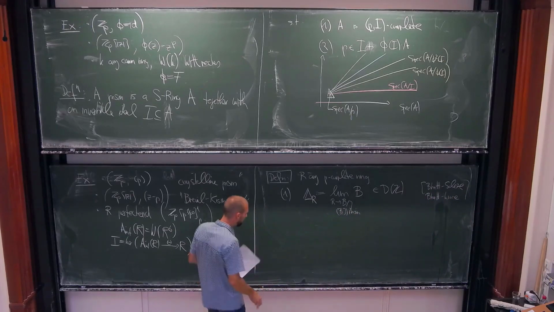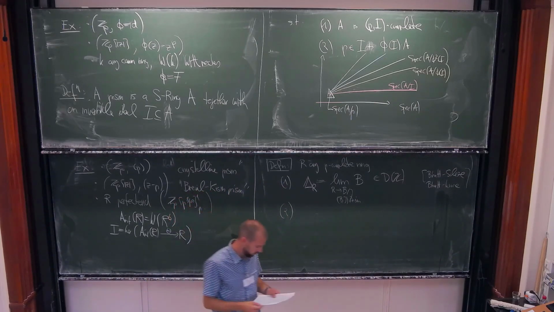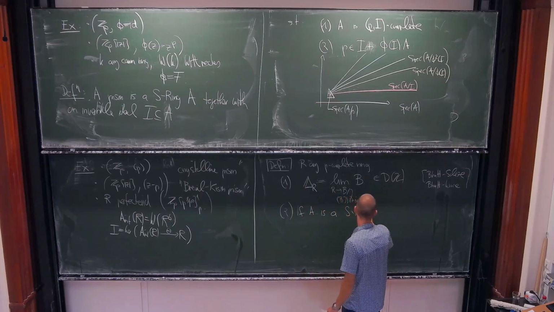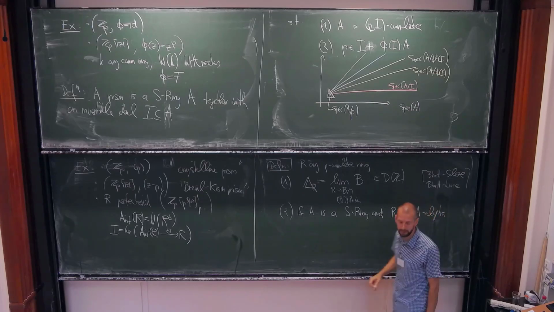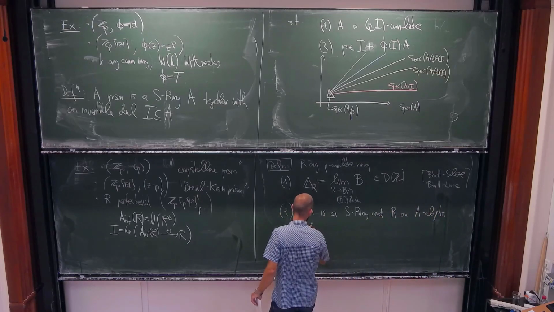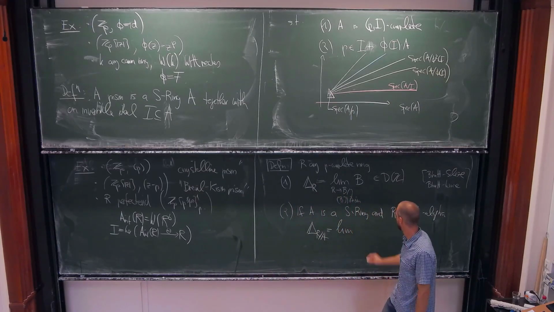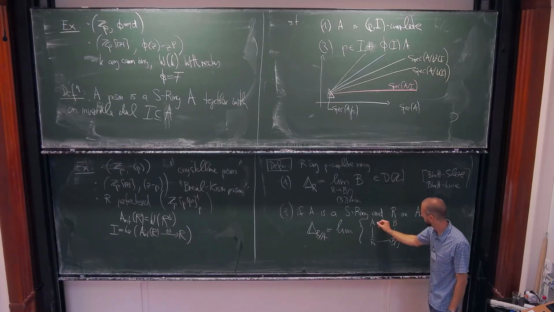Now here's a definition due to us, which is a relative version of absolute prismatic homology. If A is a base delta ring, and R is an A-algebra, but R is just any algebra over A, not a delta ring or anything like that, then you can define something called prism R relative A. You take a similar limit: you have A mapping down to R, and again you want to approximate R by B mod J, where B is a prism, but now you also want a lift here.